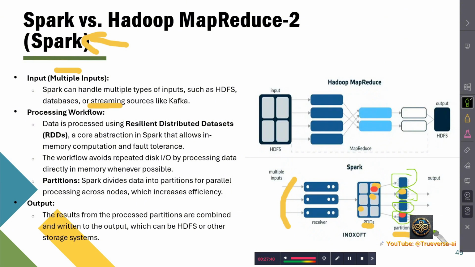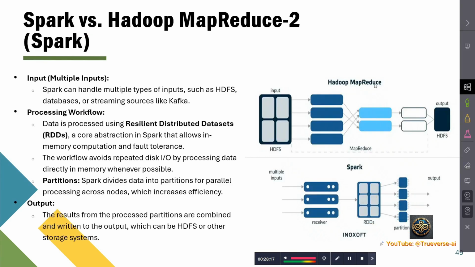This data may be located in India. So this is the important point of Spark. And the results from the processed partitions are combined and written to output, which can be HDFS or any other storage. So more flexibility, this is the point, when you compare with Hadoop.